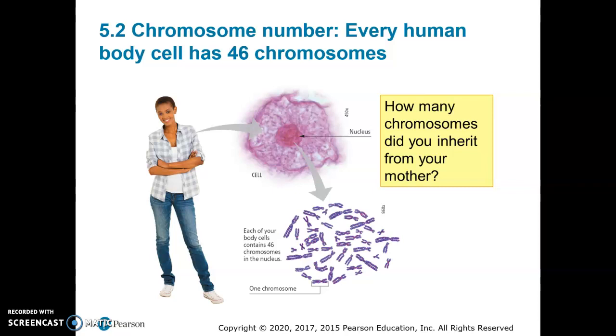If we do that, we can actually tell the gender of a baby, which is oftentimes why we would even be doing this work. Not to determine the gender of the baby, but to make sure from a genetic standpoint that the baby has all of the chromosomes that are necessary. Not too few, not too many.